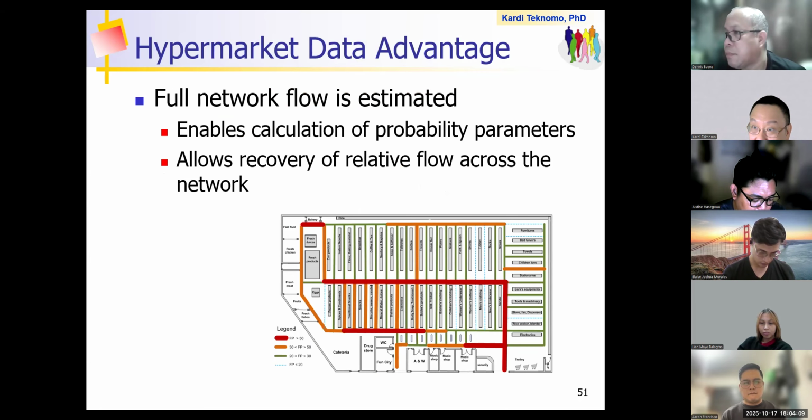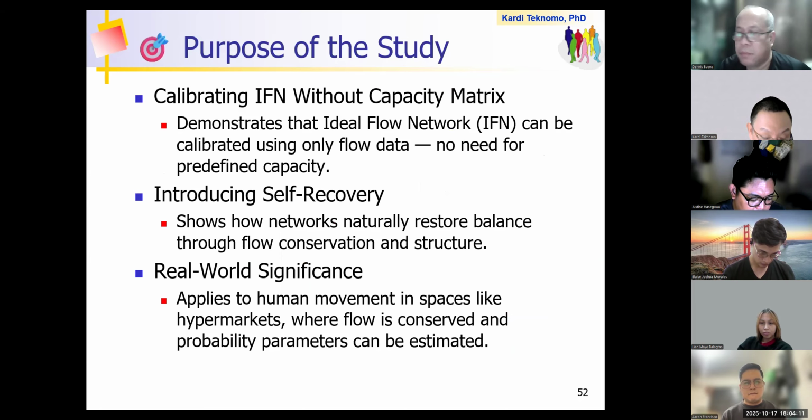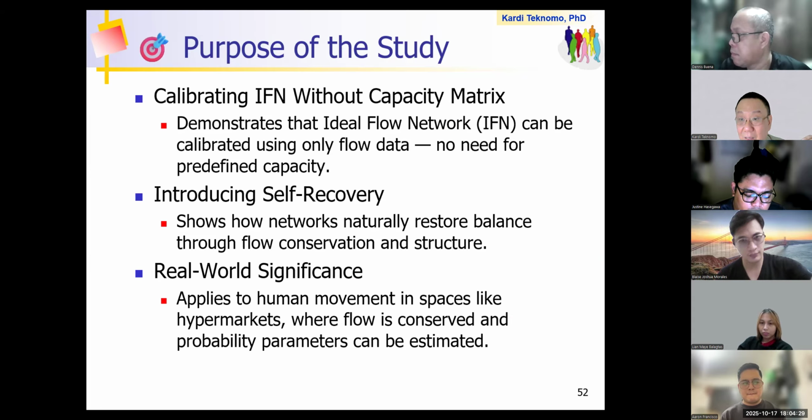The purpose of this new study is calibrating IFN without a capacity matrix. Remember when you studied IFN last time, we needed to have a capacity matrix, and then you take the proportion of that capacity matrix. Here I want to demonstrate that IFN can be calibrated only with the real flow data.